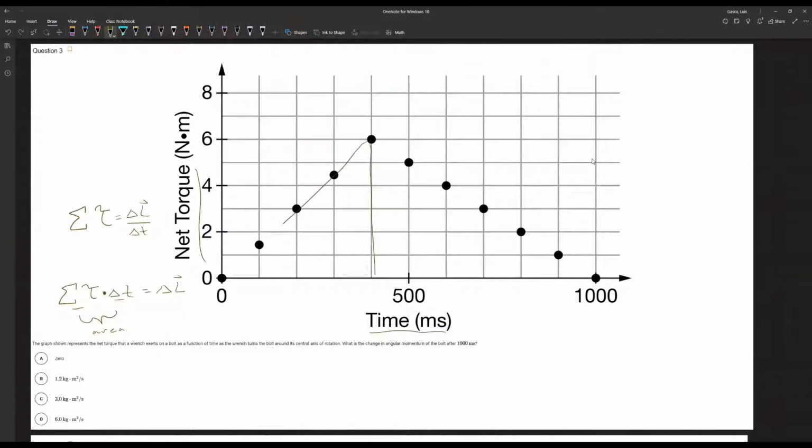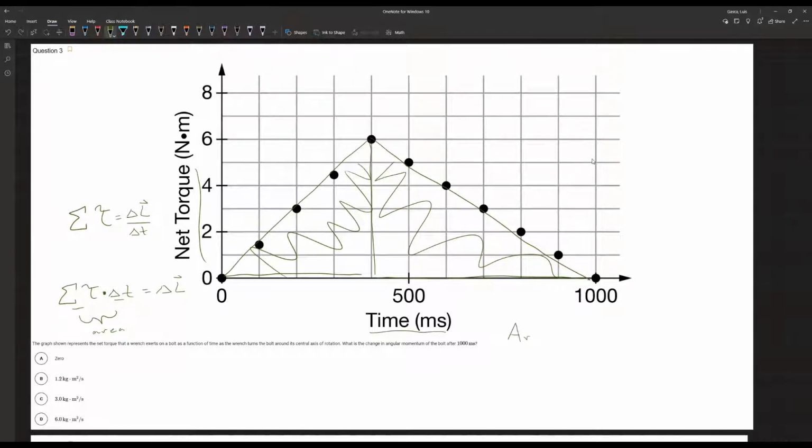In our notes, we said that the net torque changes the momentum with time. So we need to find out what is the net torque, and it varies. So we need to get the areas. So if we look at this, what is the shape? This is a triangle.